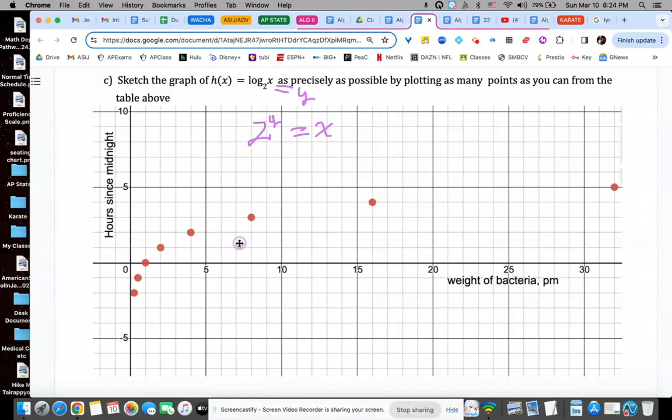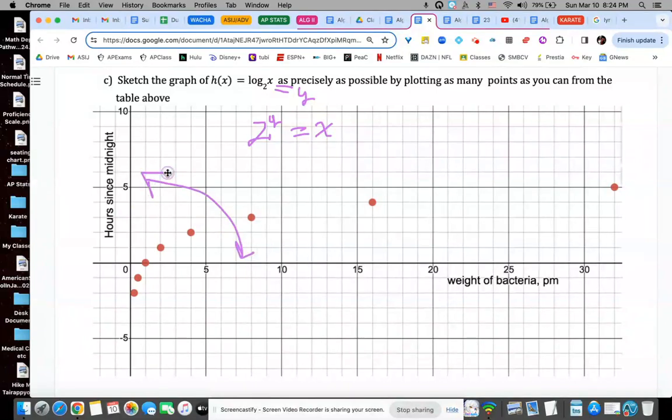Do you see how things feel backwards from the exponentials? 2 to the second is 4, but now it's 4 on the x-axis. 2 to the third is 8, 2 to the fourth is 16, 2 to the fifth is 32. So the x's and the y's have been switched.